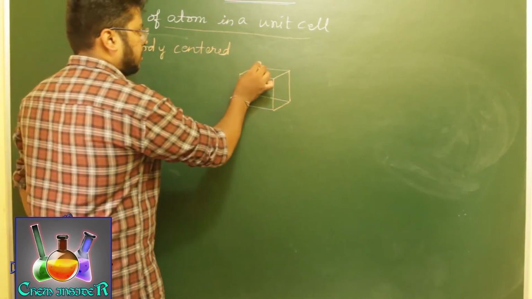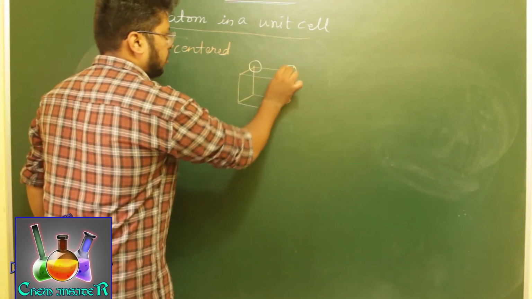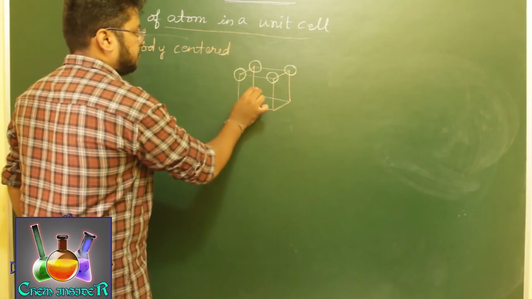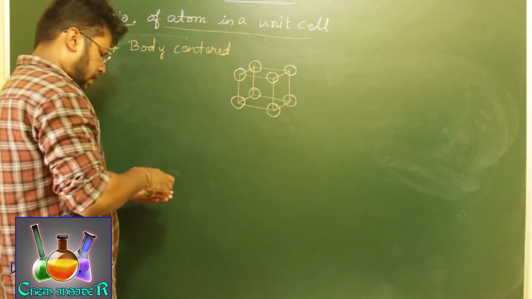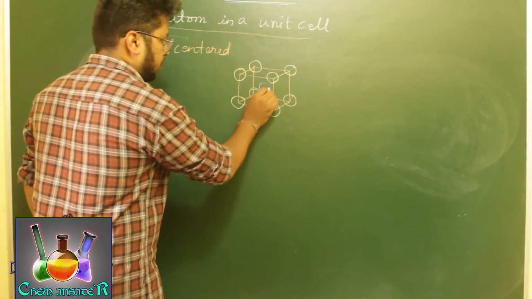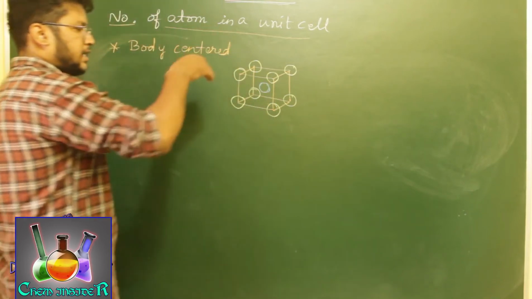So now I am taking the normal atoms at the corners in yellow chalk, 8 exactly like this, and one atom at the center, right? So that center lies inside the unit cell.